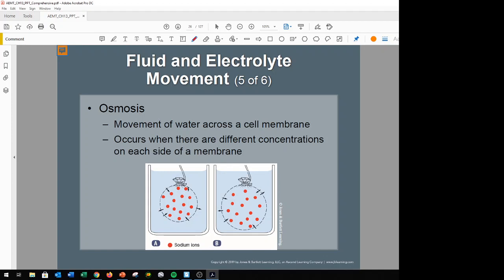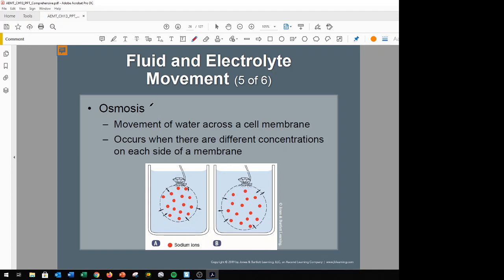Let's talk about the difference between osmosis and diffusion.